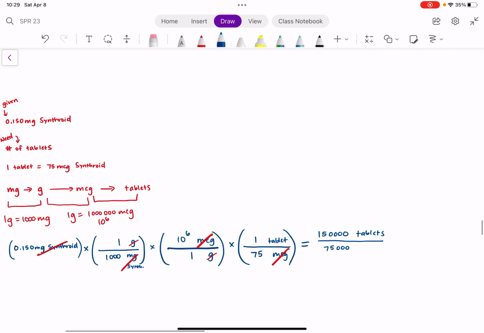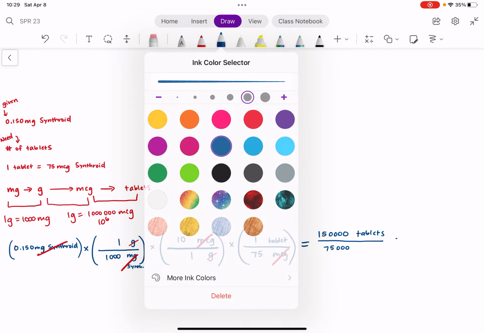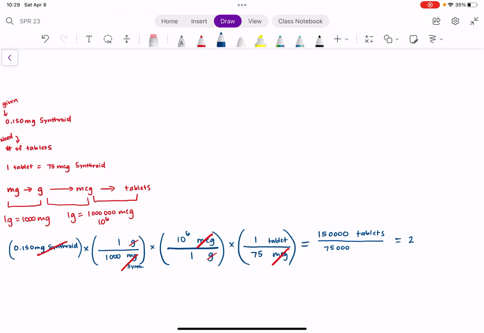Let's scooch out a little. Okay, so now we can actually divide these numbers. So we got 150,000 divided by 75,000. And that gives us 2. Two tablets.